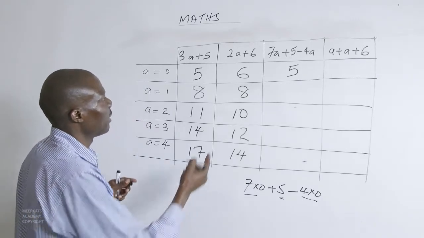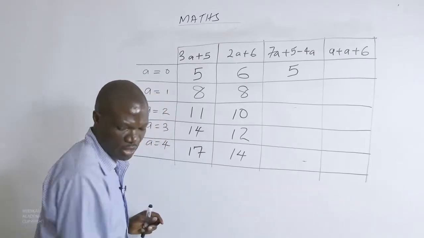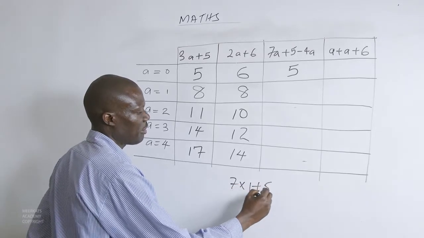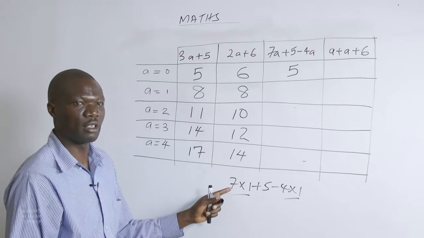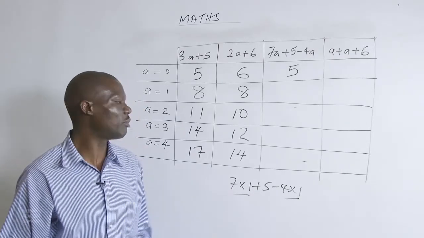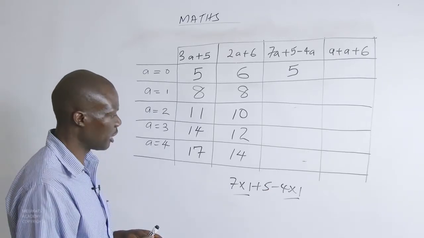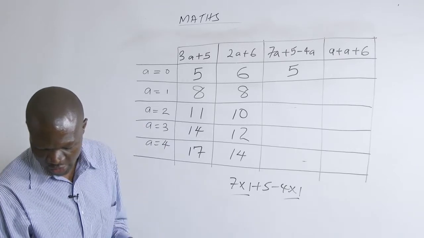For the second part, when a is 1, we shall have 7 times 1 plus 5 minus 4 times 1. Again, this one gives us 7 plus 5 is 12, minus 4.